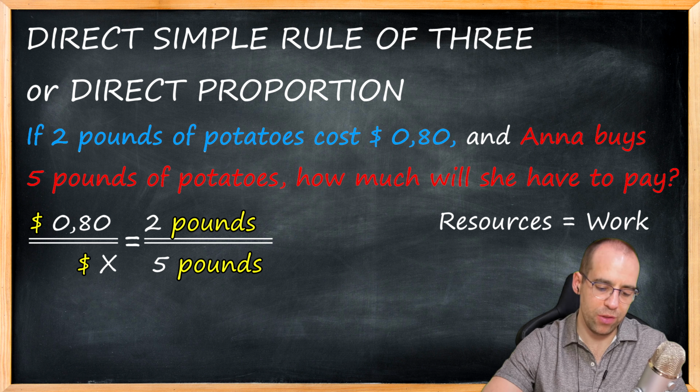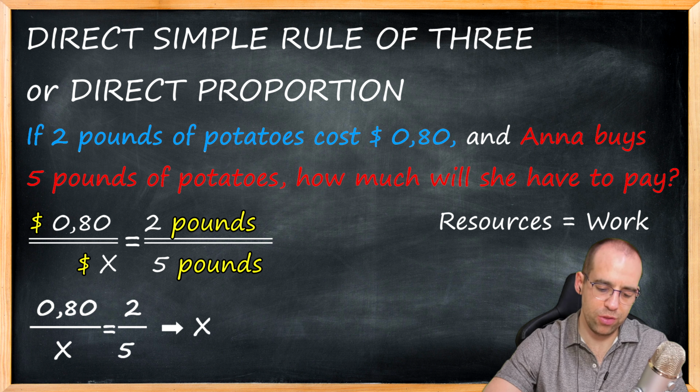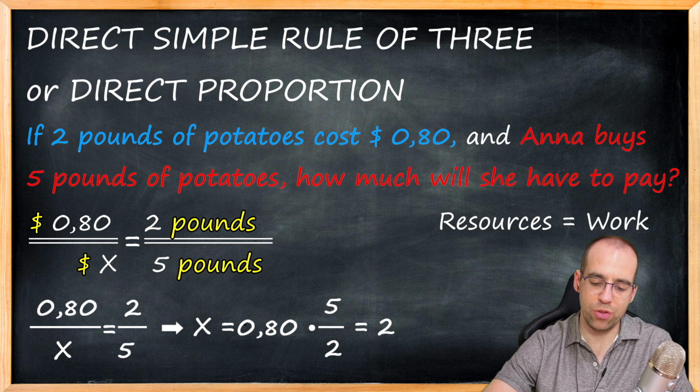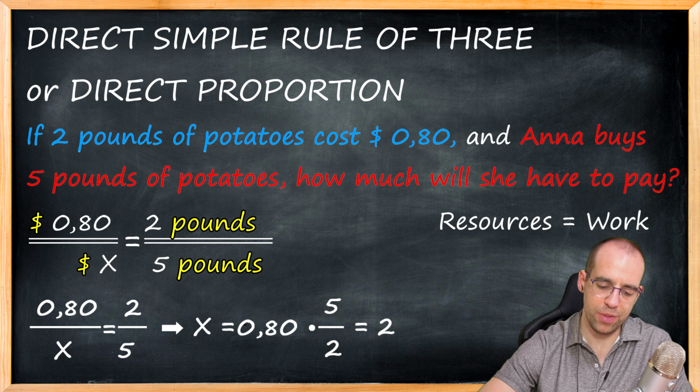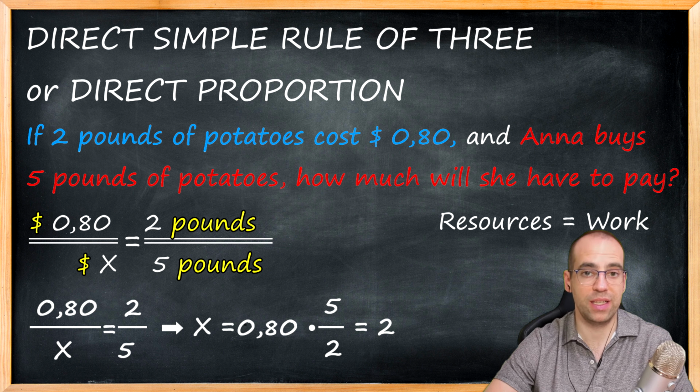A simple arithmetic proportion. 0.80 over x equals 2 over 5, and all that's left from here is to solve for x. So what is x equal to? Well, it's equal to 0.80 times 5 divided by 2. So what do we get then? We get that x equals 2. Going back to the original measure, which was x dollars, we're talking about $2 being the cost to buy 5 pounds of potatoes. And it's that simple.